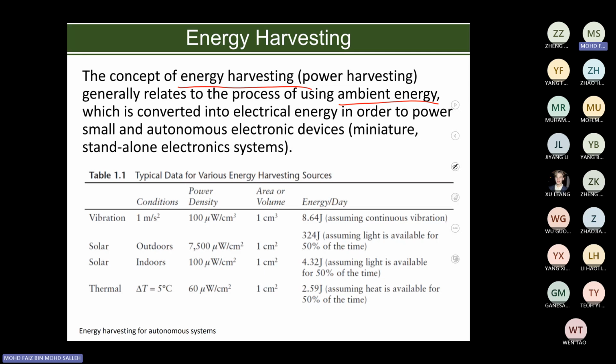Where am I? The energy resources. We can have vibration, we can have solar, we can have thermal. I think back 10 years ago, I forget the brand name of the watch.